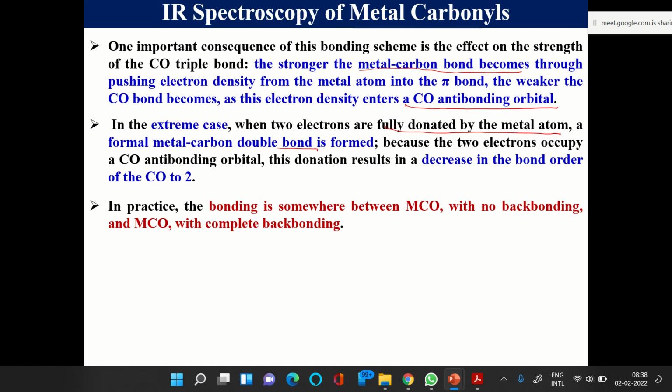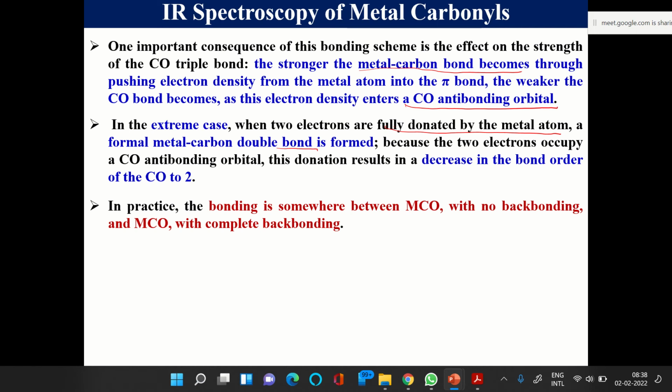Initially carbon monoxide has a bond order of 3, but as soon as the anti-bonding orbital starts filling up, the bond order will decrease to 2. So in practice you have something in between the two extreme cases.